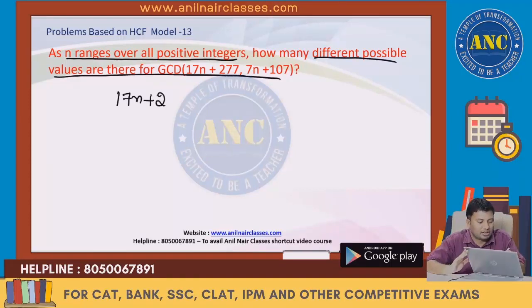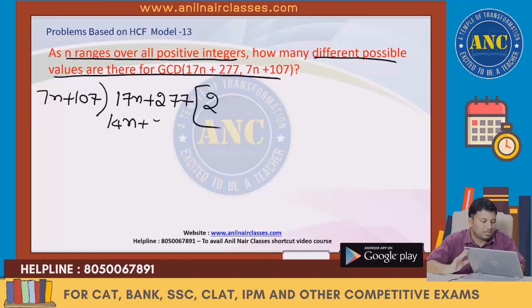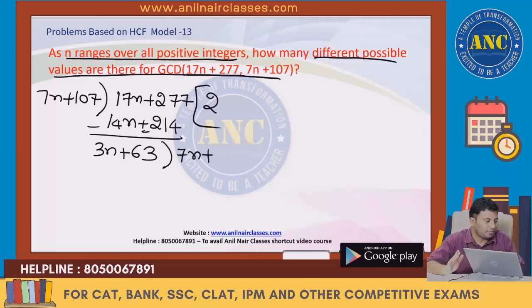17n plus 277 is divided by 7n plus 107. Divide it continuously. This is nothing but 2 times 14n plus 214, minus 7n plus 63. Again it is divided by 7n plus 107.